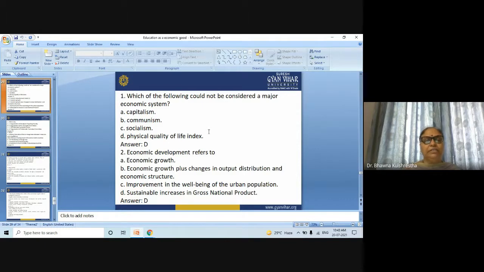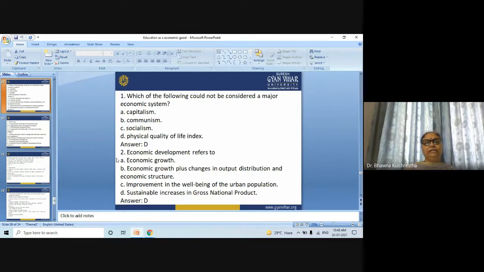What is the right answer? The right answer is sustainable increases in gross national product.